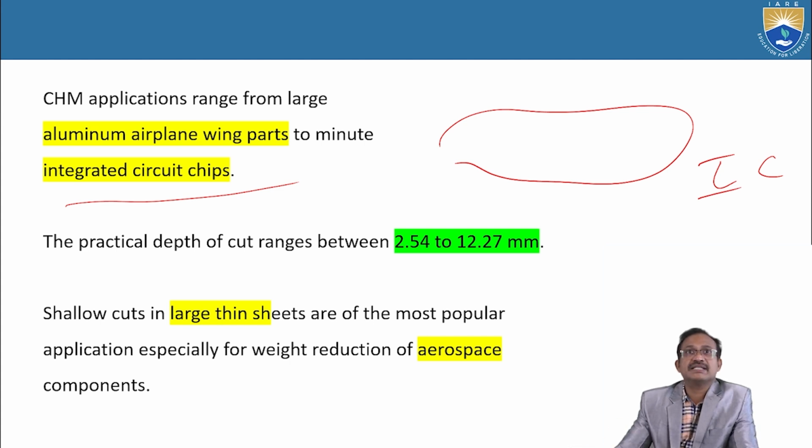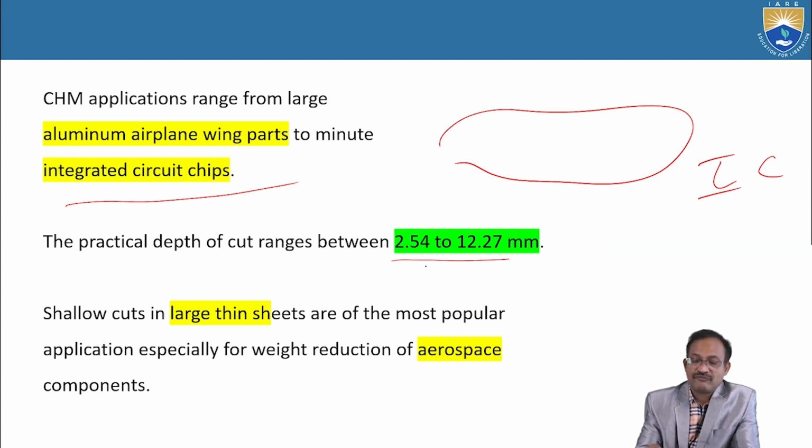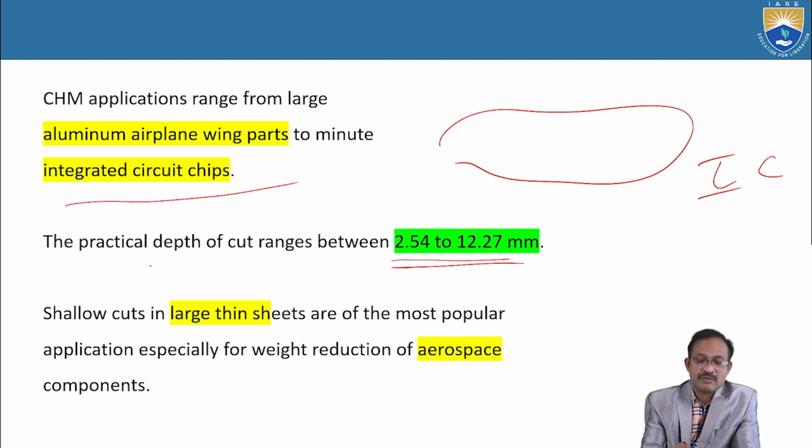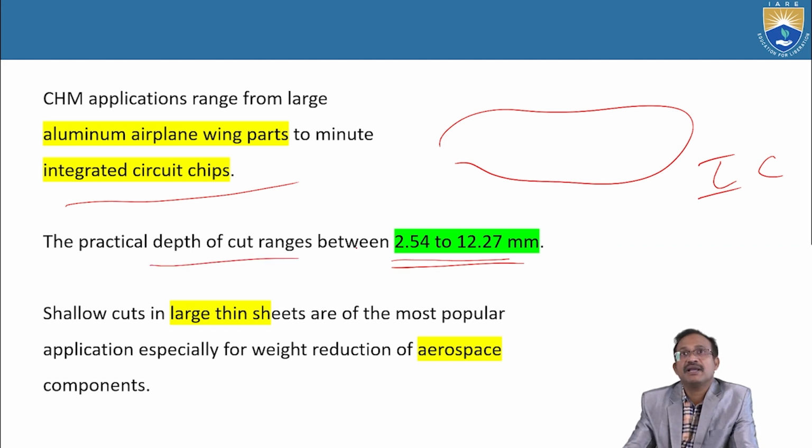The practical depth of cut ranges between 2.54 and 12.27 millimeters. About depth of cut, by using this chemical process we can go deeper, to 12.27 millimeters, as per the reports.